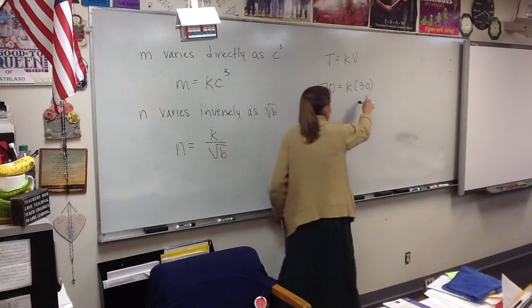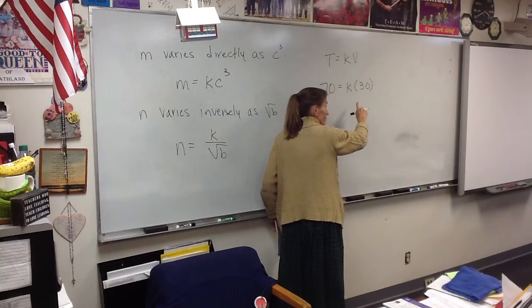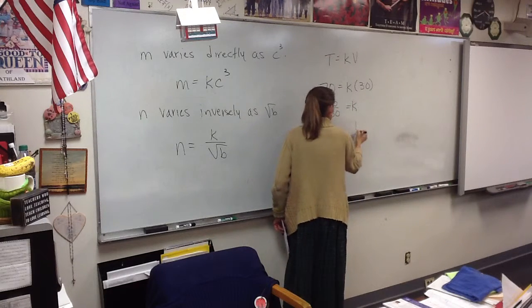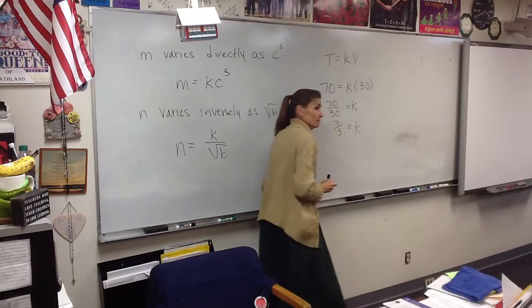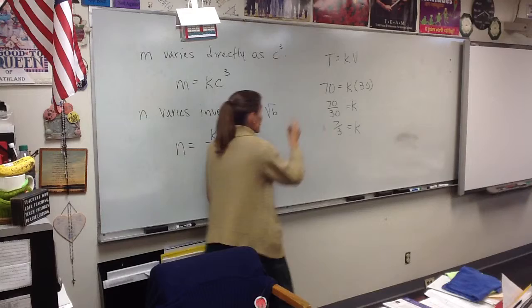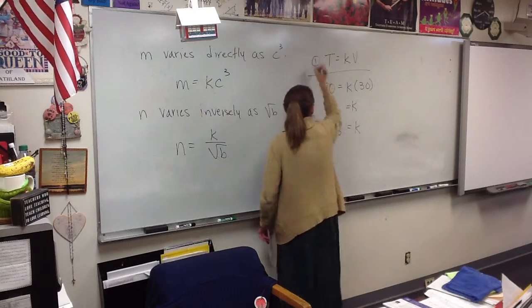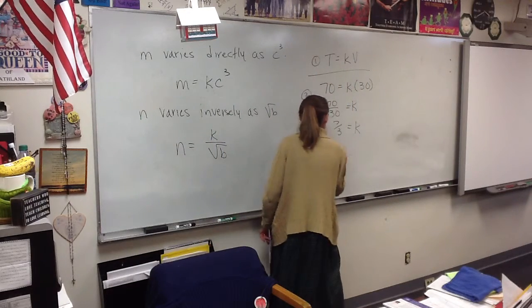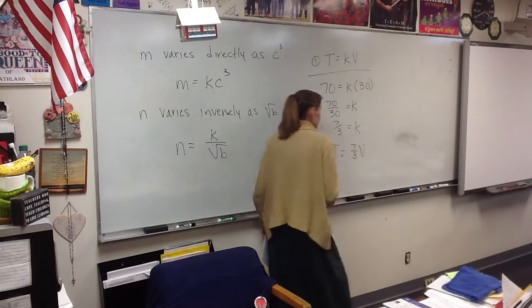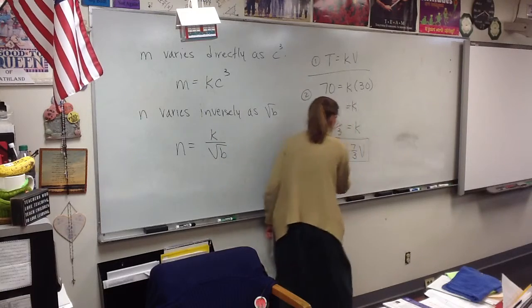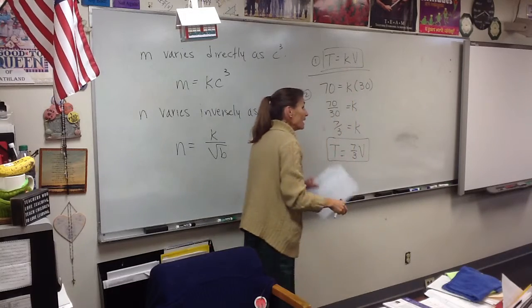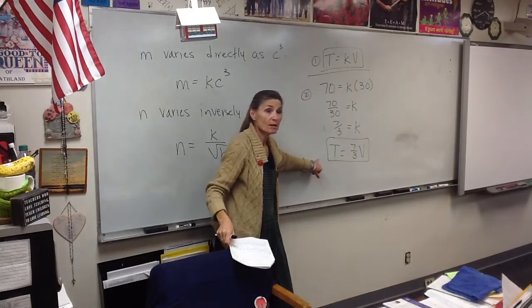From that equation I'm going to figure out that K is 70 over 30, or 7/3. So now my equation, this was sentence 1, this is all sentence 2, is T equals 7/3 V. This was my beginning equation, but now it's a little more special because now I know what K is.